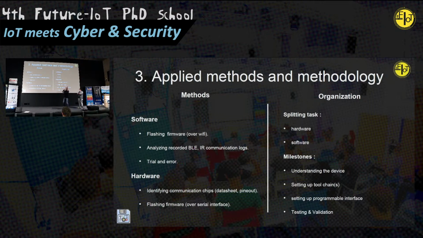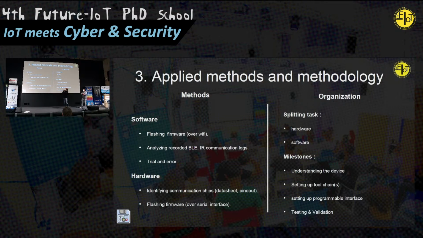We analyzed the infrared communication. We also had a look at the second device, this sound bar with flashing LEDs, and we tried to identify how the communication worked there. We checked it with the Android device, which was nice, but a bit too complicated for now.